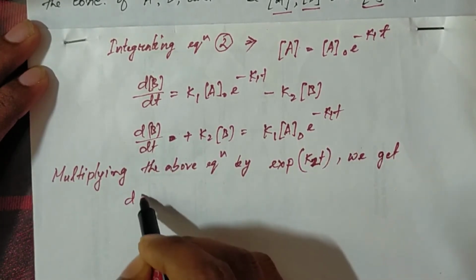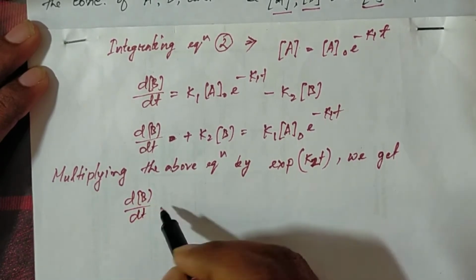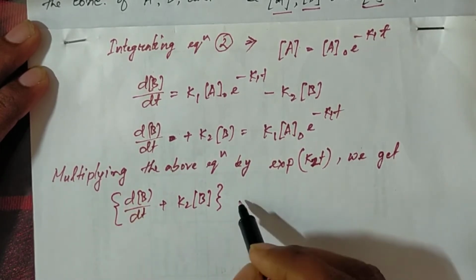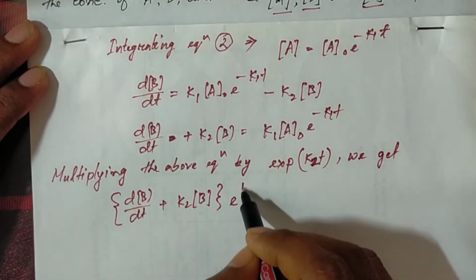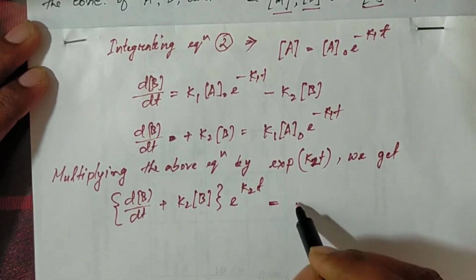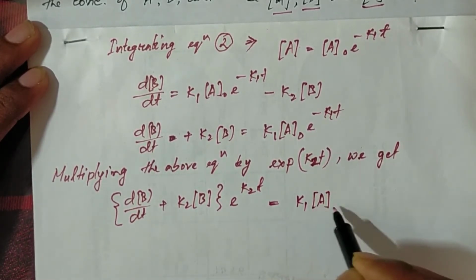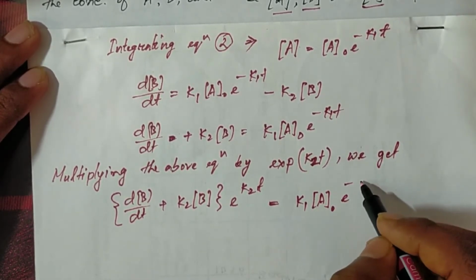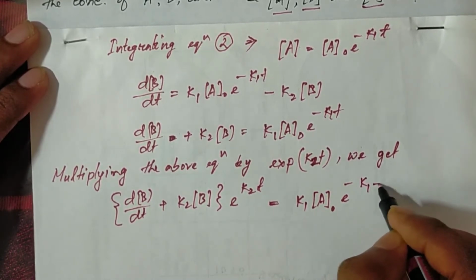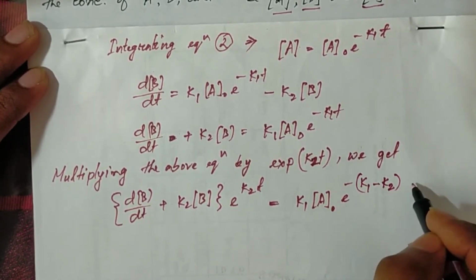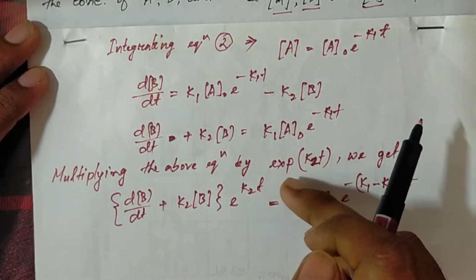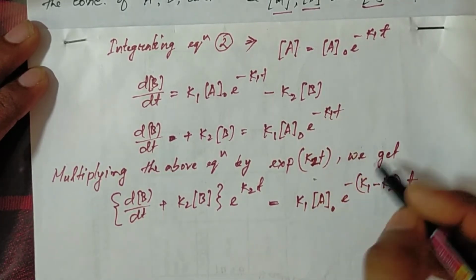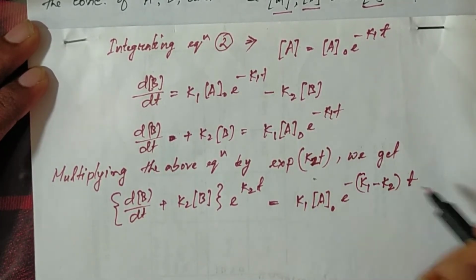So it will be dB/dt plus k2 B, times exponential k2 t, is equal to k1 A naught e to the power, I will directly write, (k2 minus k1) t. Okay, when I multiply exponential k2 t with exponential minus k1 t, it will be like this.